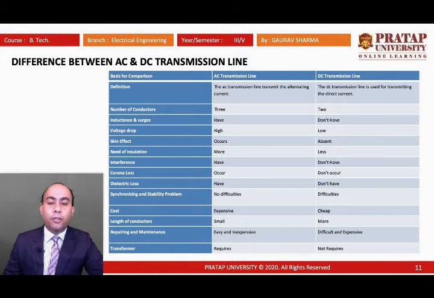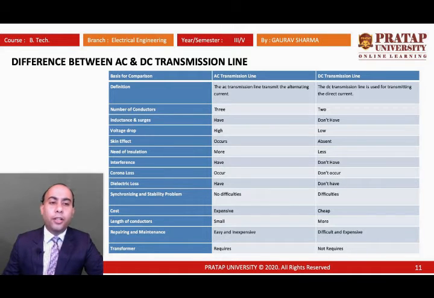As per cost, for longer distances, the AC transmission lines are expensive, but in comparison with the AC transmission, DC transmission lines are cheap. The length of conductor is small in the DC transmission line. When we go for repairing and maintenance, which is a very major point for our power system, it is easy and inexpensive in the AC transmission line.